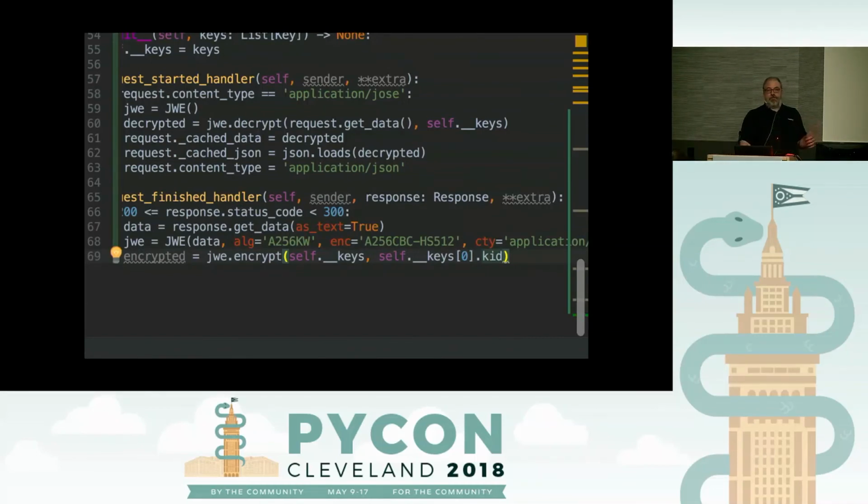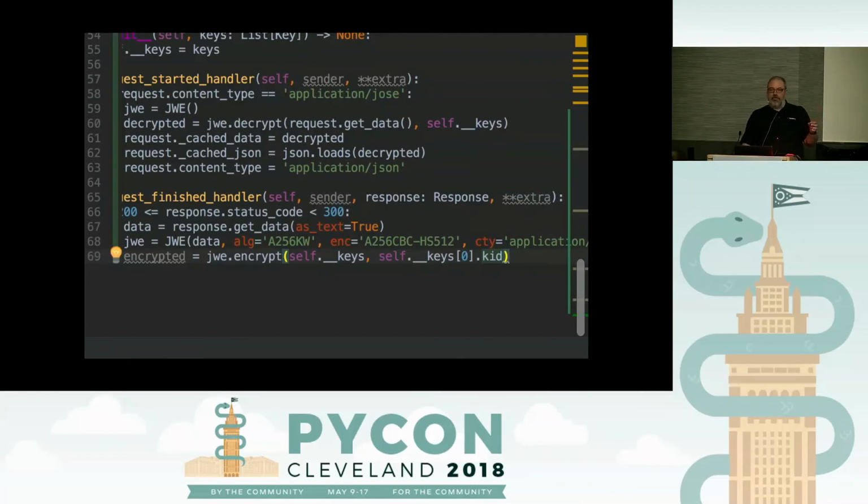What this is doing is that when it goes to encrypt, it's going to use a key, and that key has an ID. The ID can be whatever you want it to be. When I do RSA stuff, we actually do a hash, the fingerprint of the RSA key, so that it's easier to figure out if you've got the right one or not. You could also name it key number 1, key number 2, whatever, if you have multiple keys.